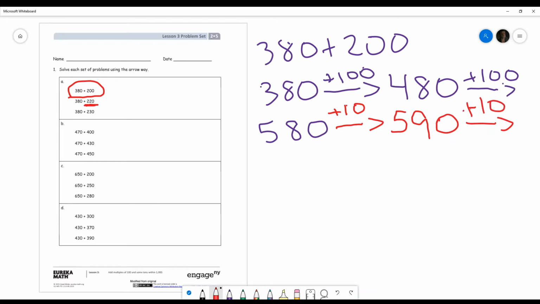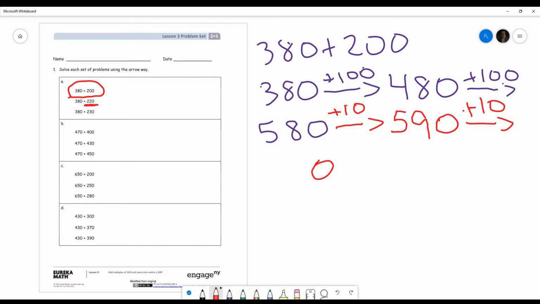So 590 plus 10. Now remember, look at the one spot. 0 plus 0 is 0. Let's look at the 10 spot. We have a 9 there, so that's 90. 90 plus 10 is what? 100. So would we do this? Nope, because that would be 1,000.